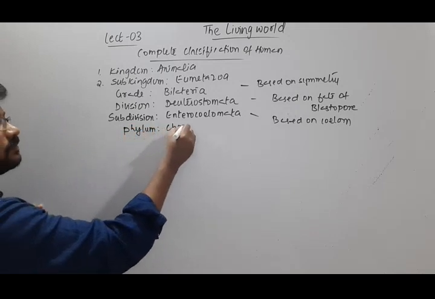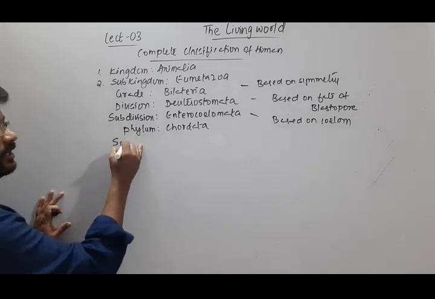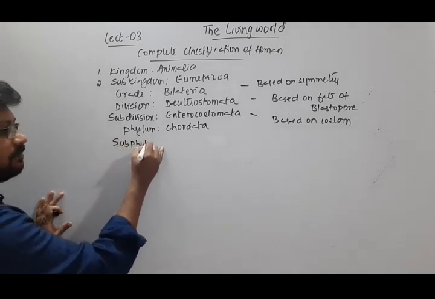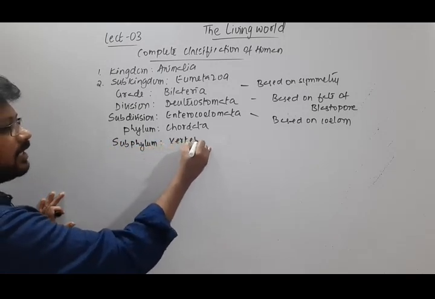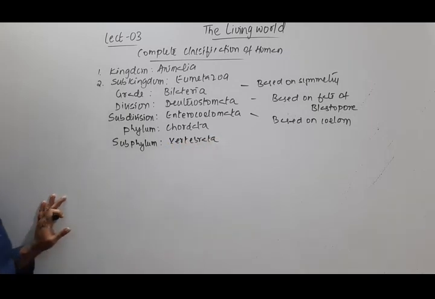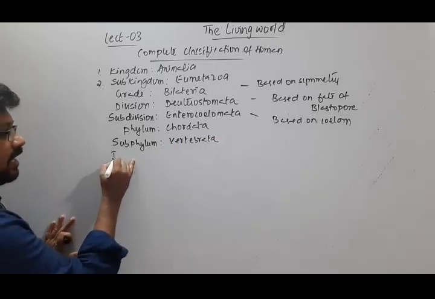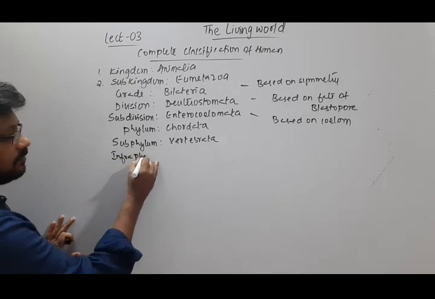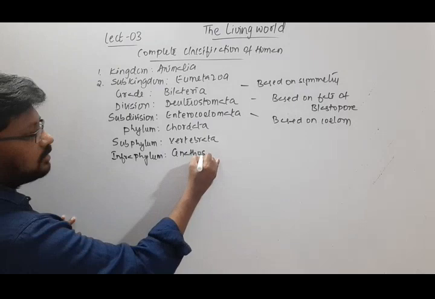Next, below the subdivision we have phylum, and this phylum is Chordata. Below the phylum we need to consider subphylum. This is a subcategory, and it includes Vertebrata. Below the subphylum we have one more, infraphylum, and this includes Gnathostomata.